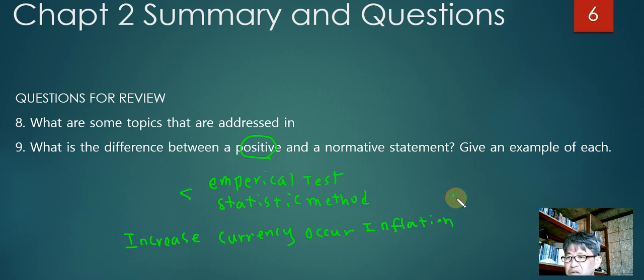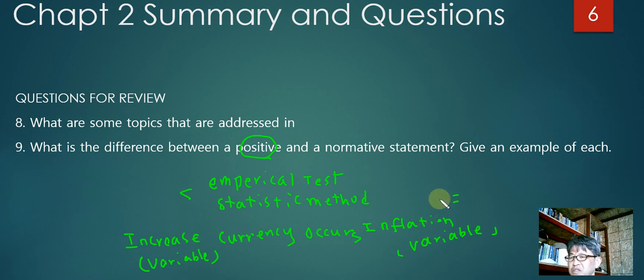This is a simple result, right? There is a relation between increased currency and inflation. There is a correlation between two variables, regardless of which is the independent and which is the dependent variable. Anyway, two variables. So we see the relation between the two variables and say that an increase in currency occurs with inflation.